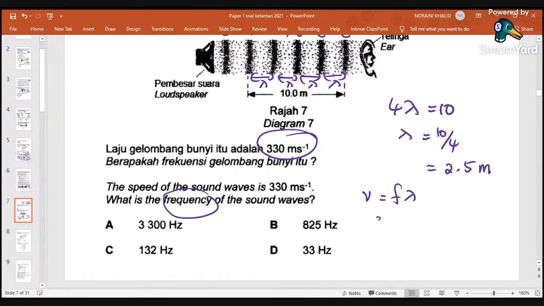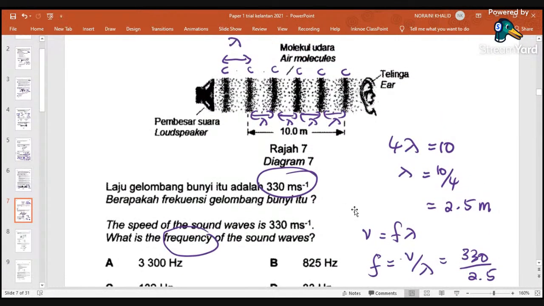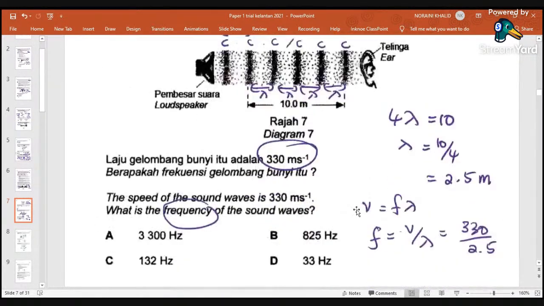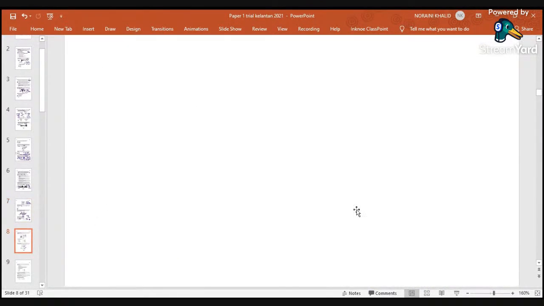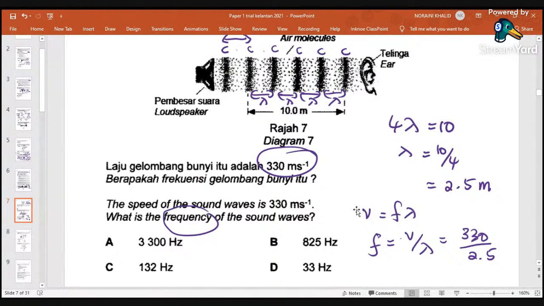Thus f equals v divided by lambda. So 330 divided by 2.5. So we get the answer. Number 13, C, 132 Hertz.